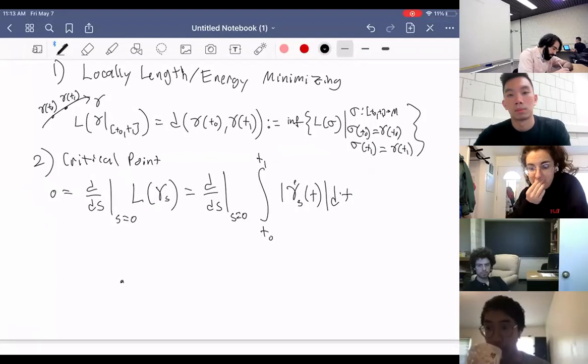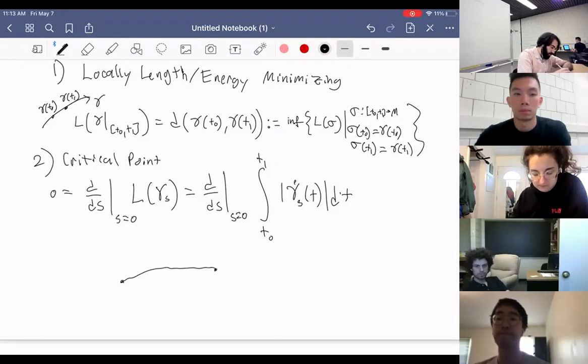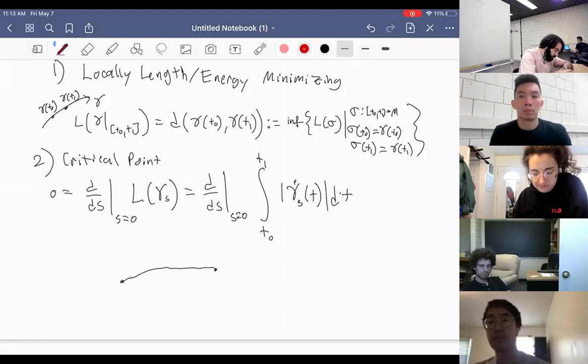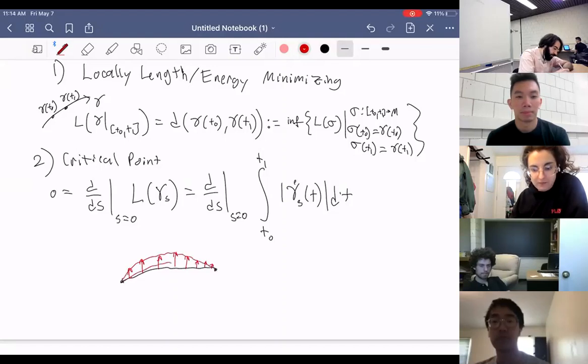So what that means is that, let's say that this is our geodesic, then we have some vector field which is normal to that geodesic, and we have a bunch of curves where the derivative of all those curves is equal to that variation.